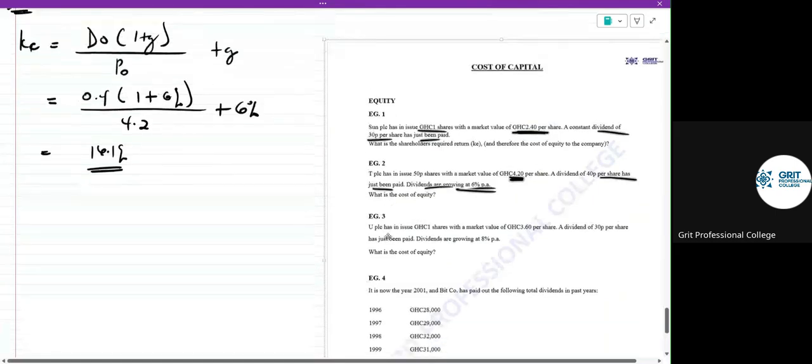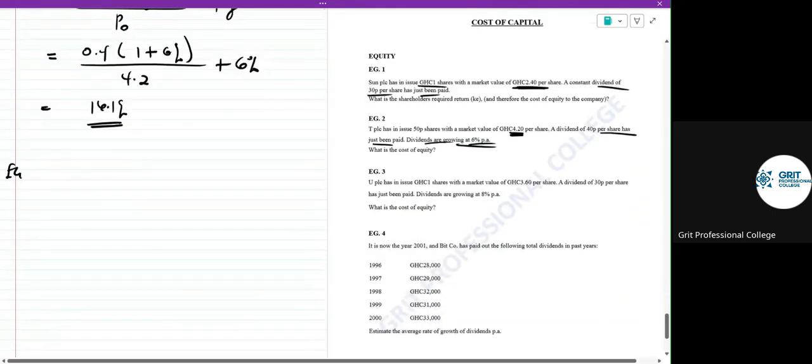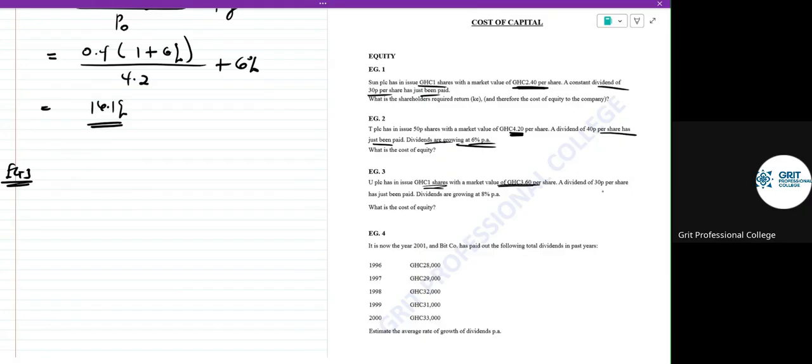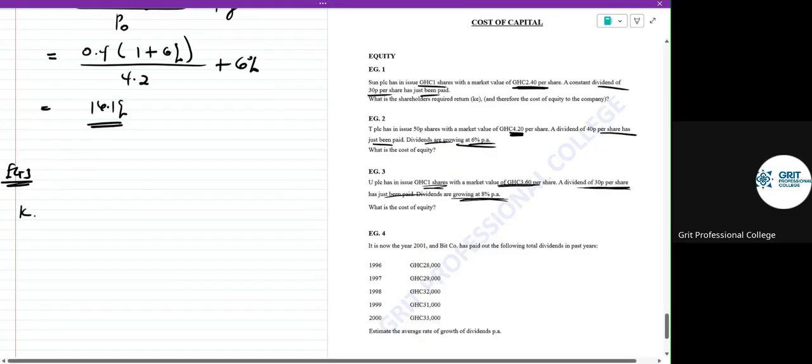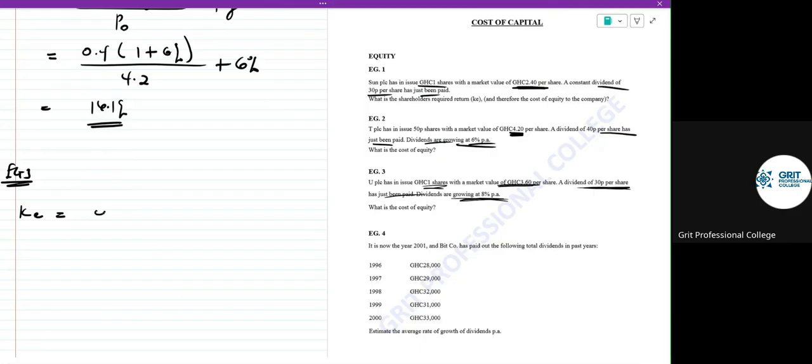Let's look at example 3. UPLC has an issue of 1 CD share with a market value of 3.6. A dividend of 30 pesos per share has just been paid. Dividends are growing at 8%. What is the cost of equity? Same as before, the cost of equity will be dividend per share of 0.3 times bracket 1 plus growth rate of 8%, all over current share price of 3.6 plus 8%.